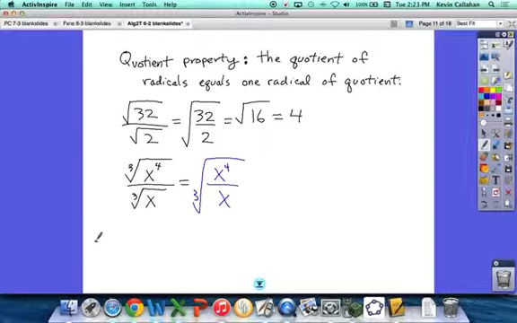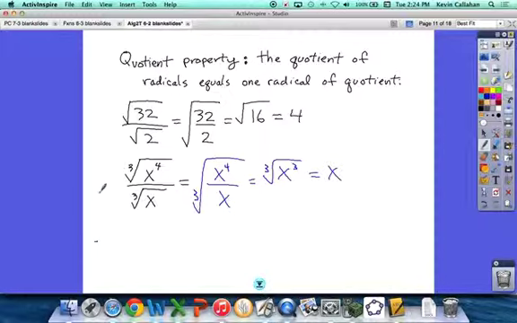You'll never have a radical left in the denominator because it'll divide into the numerator or simplify in some way. This one turns into the third root of x to the third. x to the fourth over x to the first. You could just think x cancels with one of the x's, or you could use the properties of exponents. 4 minus 1 is 3. And then the third root of x to the third is x. So generally, we put these things together so that we can get rid of the denominator.